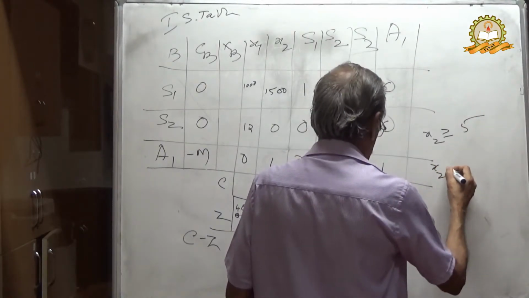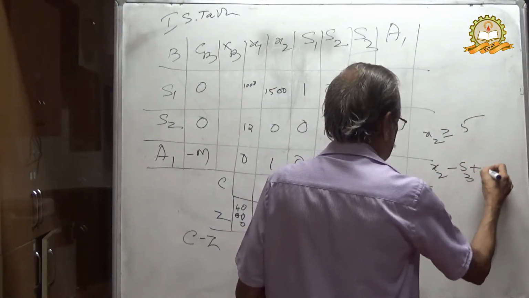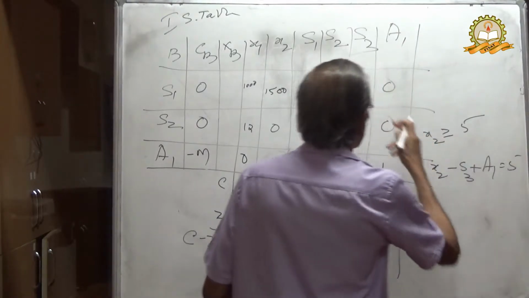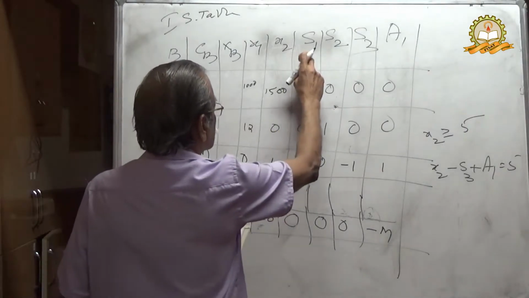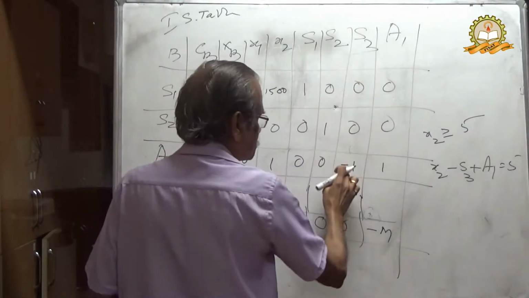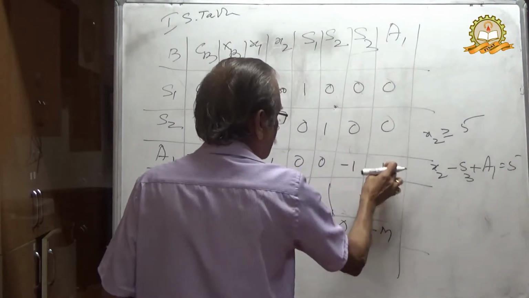It becomes x2 minus s3 plus a1 equal to 5. Therefore, under x1 0, x2 1, s1 and s2 0 0, s3 minus 1, plus a1 equal to 1.